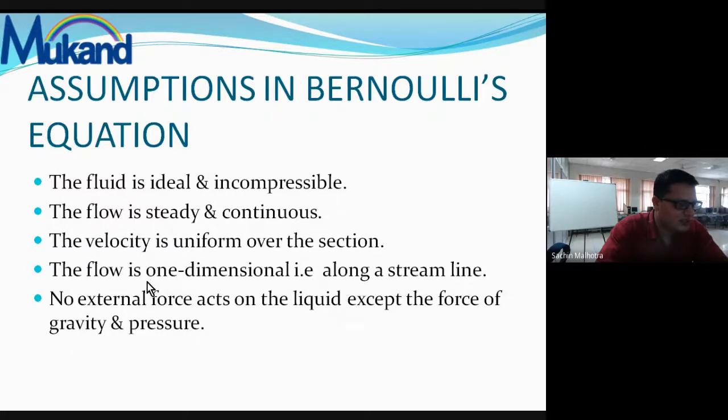Third, velocity is uniform over the section. Next, flow is one-dimensional, that is along a streamline. And last, no external force acts on the liquid except the force of gravity and pressure. All these assumptions are to be taken into consideration while deriving the Bernoulli's equation.